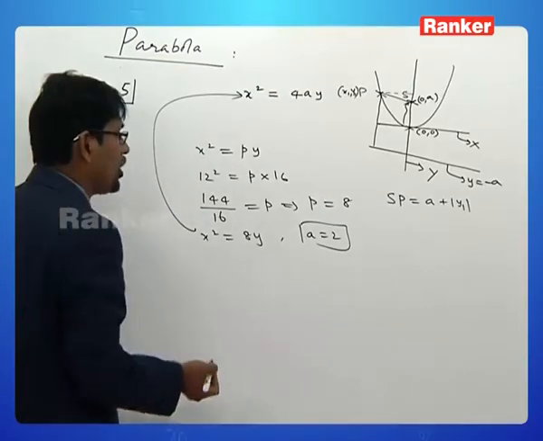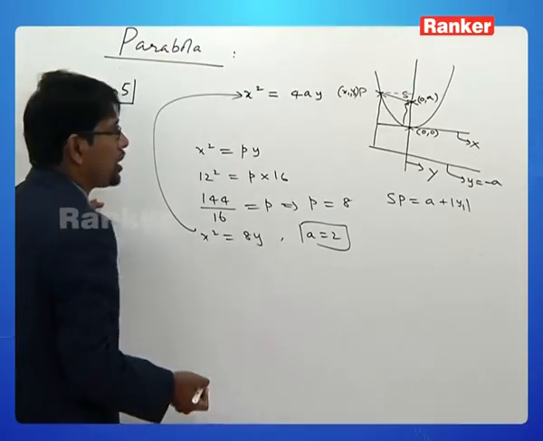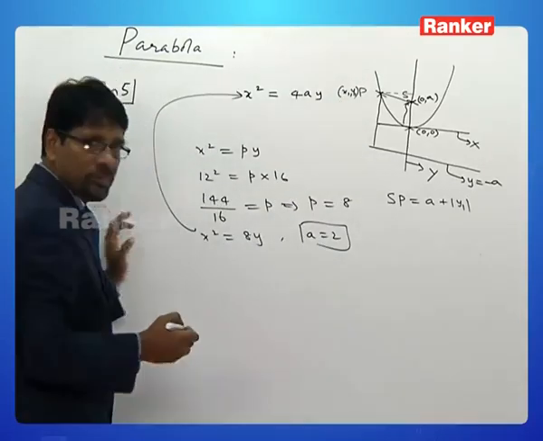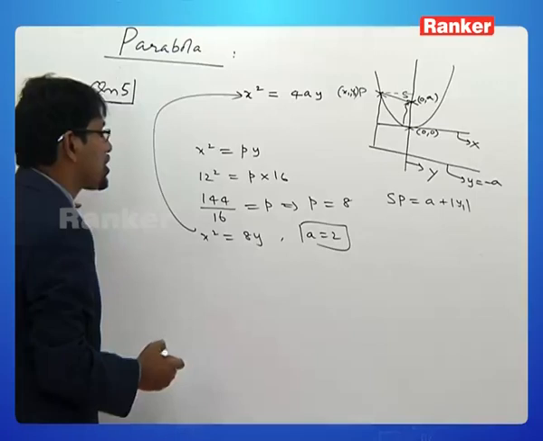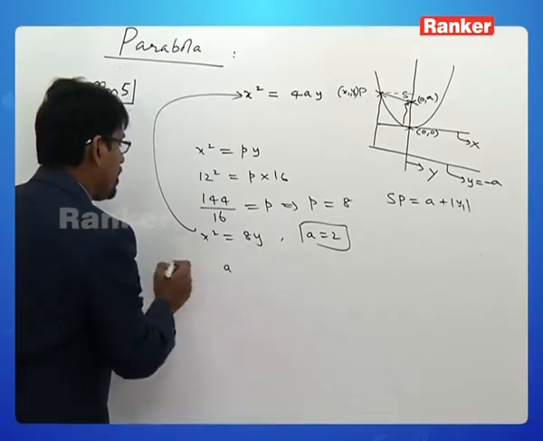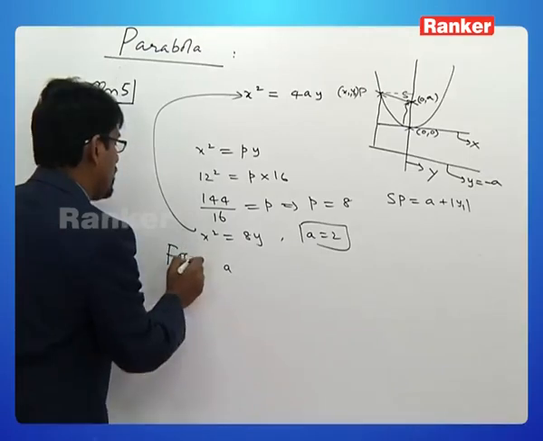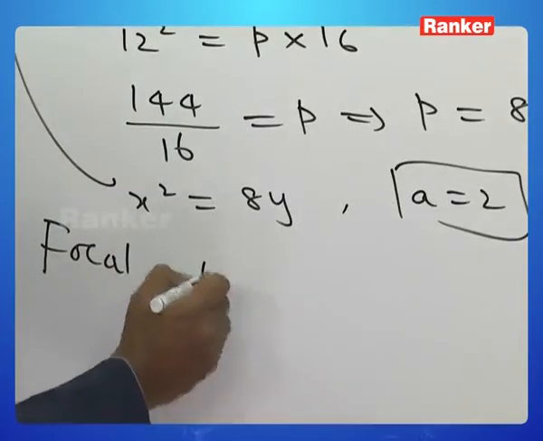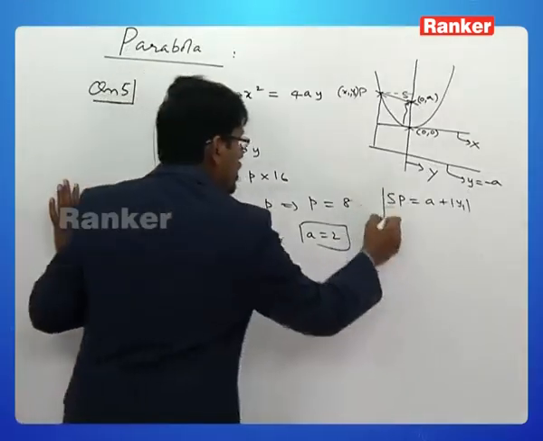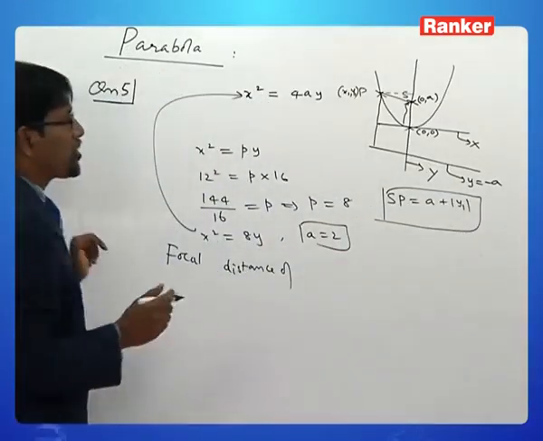Now what is the y coordinate of the point that we are given? The point is (12, 16). This is the formula, a simple observation.